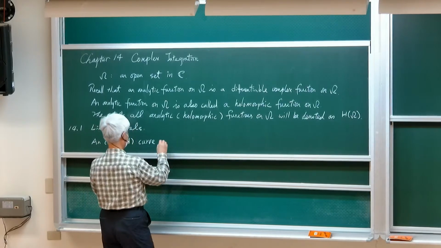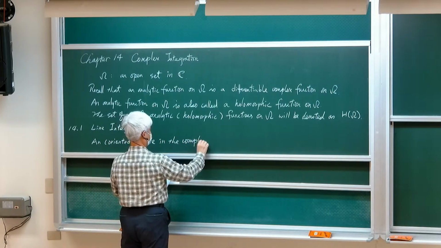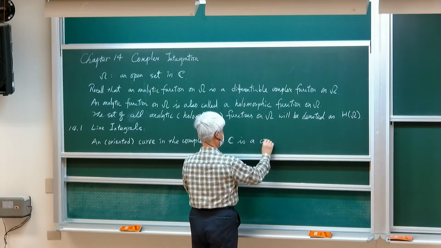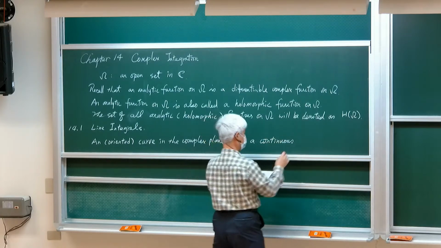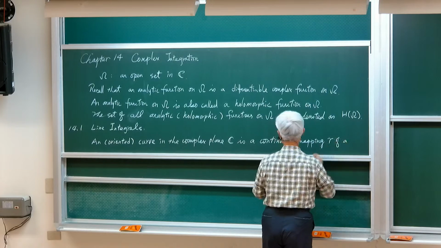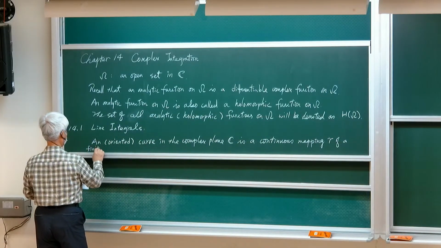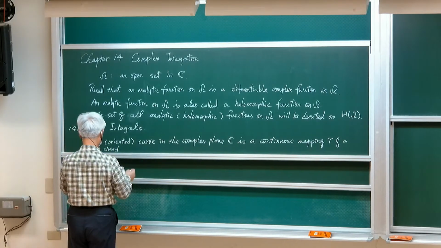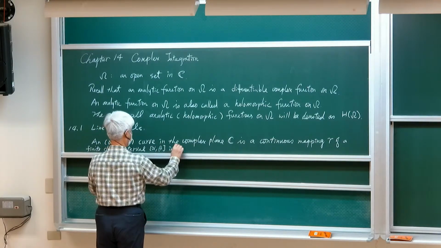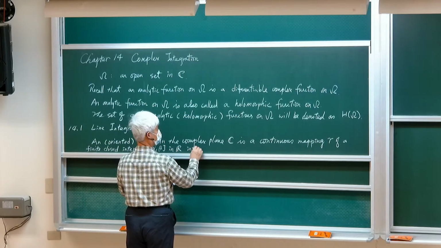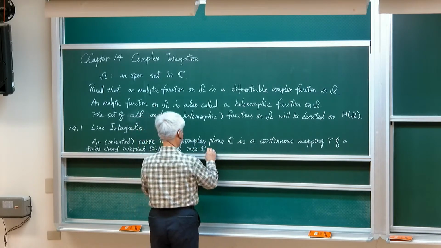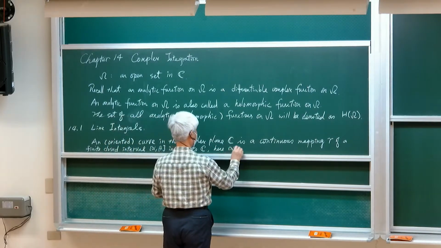An oriented curve in the complex plane C is a continuous mapping gamma of a finite closed interval alpha, beta in R into C, and here, because it's oriented, alpha will be less than beta.